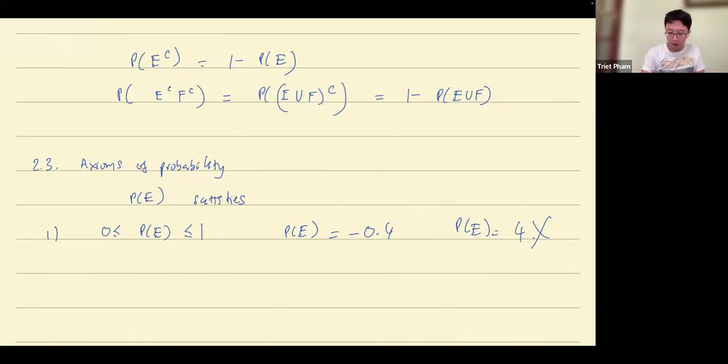Because, trust me, I have seen this more than once. I don't know why the student would believe that something like this can earn any credit, because there's no probability that's negative and no probability that's more than one. So anything like this, just don't even entertain that thought.